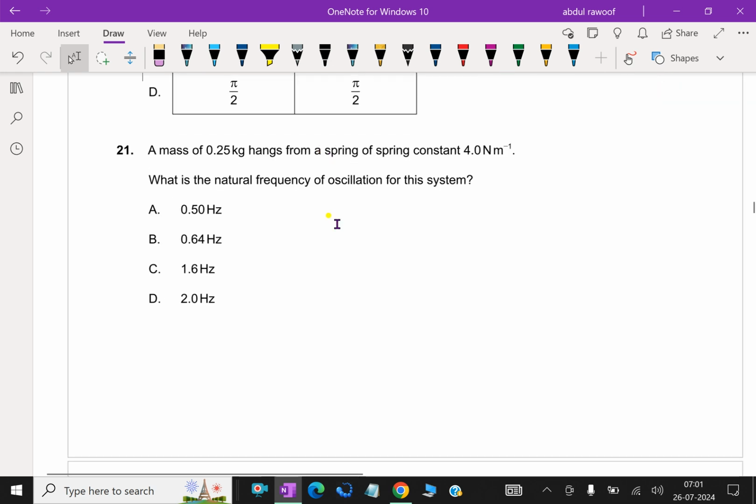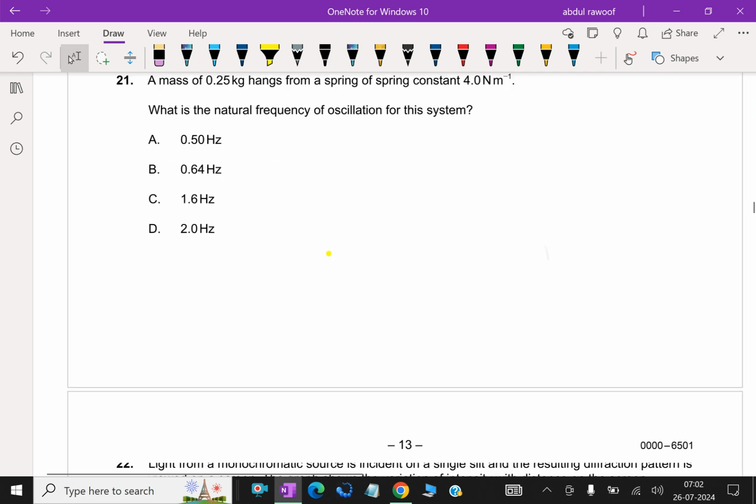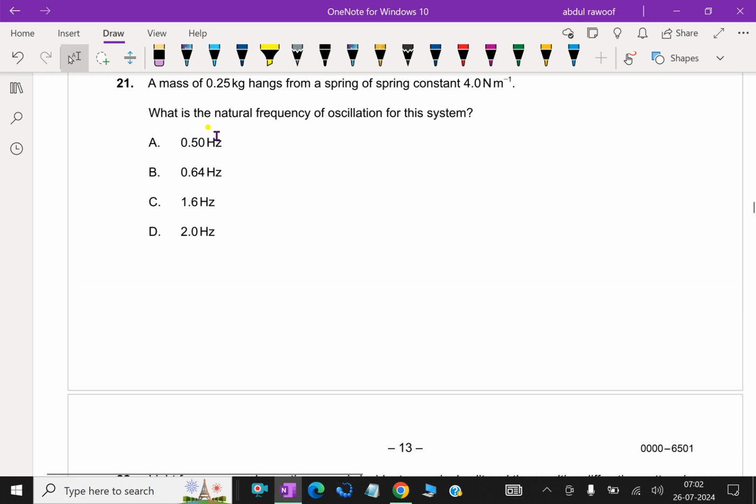Next is a mass of 0.25 kg hanging from a spring of spring constant 4 newton per meter. What is the natural frequency of oscillation of the system?